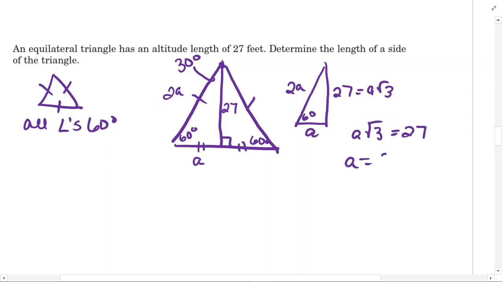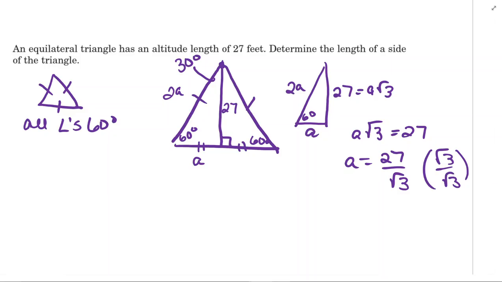Divide both sides by rad 3. Rationalize the denominator. So we're going to multiply top and bottom by rad 3. So we end up with A equals 27 rad 3 divided by 3, because rad 3 times rad 3 is 3.